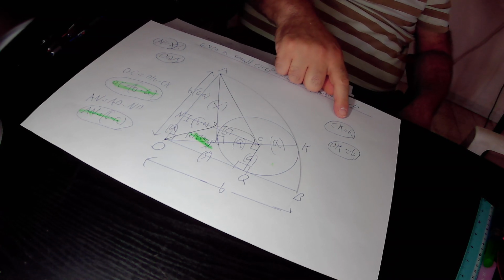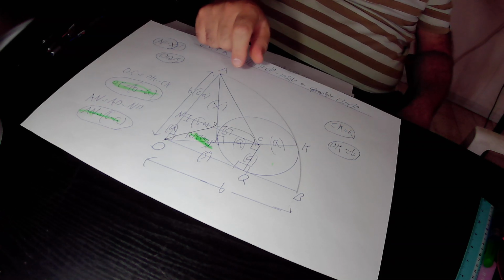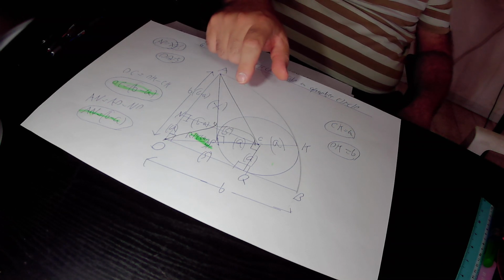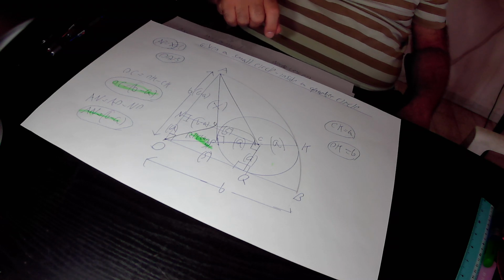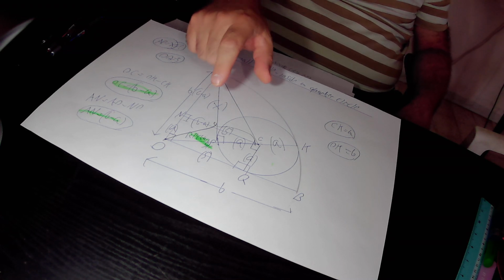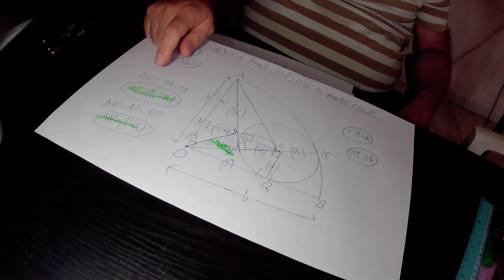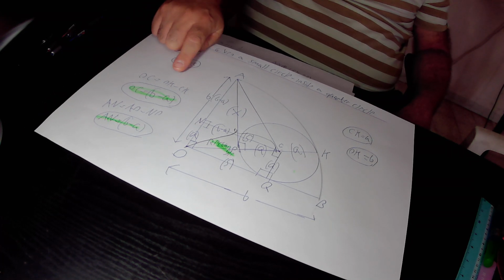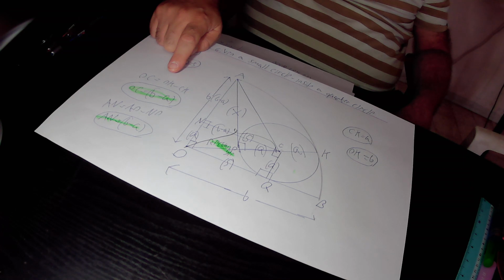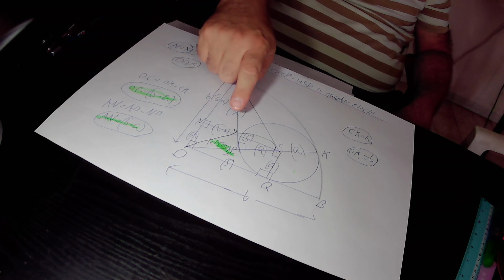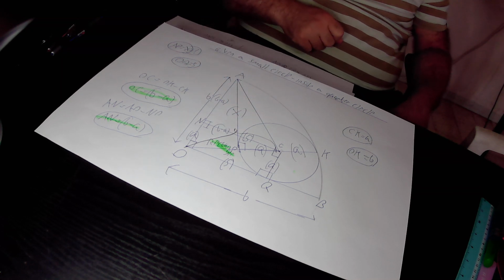So CK equals a and OK equals b. So the length of this line segment OC equals OK minus CK. So OC equals OK, that is b, minus CK, that is a. So in total, OC equals b minus a units in its length.